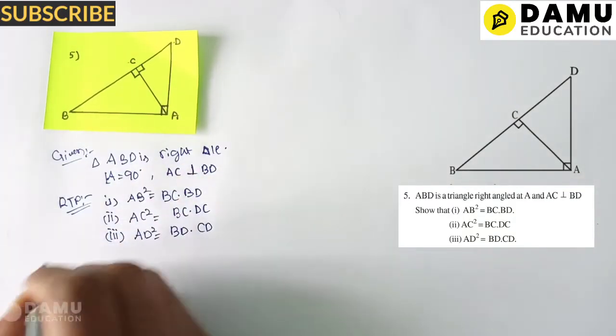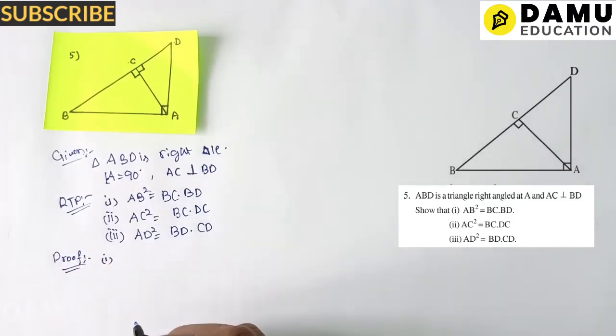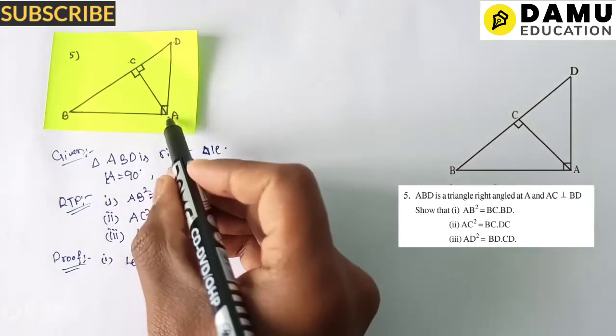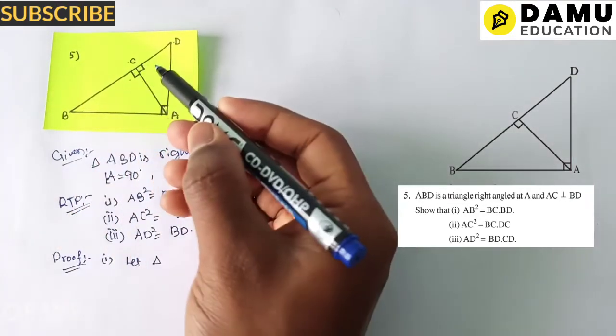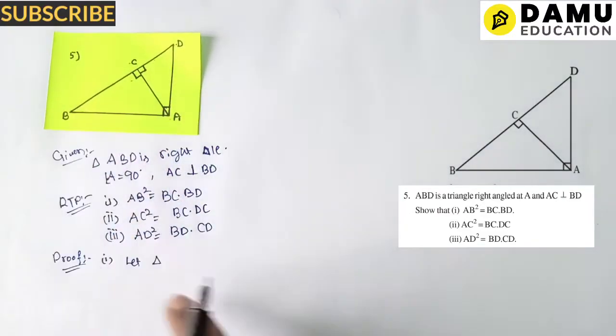So, proof of the first one. Let's consider, here we have AB, BC and BD. So we need to take this entire triangle and the ABC triangle.